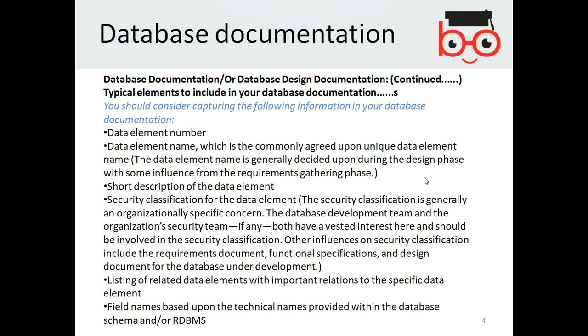Probably any user can have a look at that particular element, or only a restricted number of people can. So it really depends on how the organization gives a certain value to that particular element.